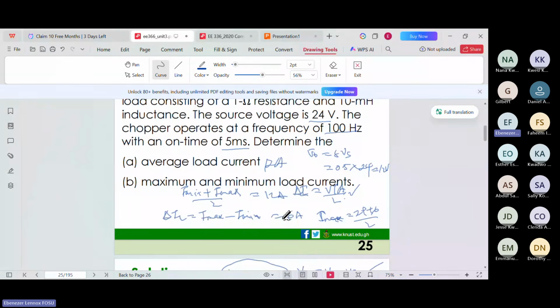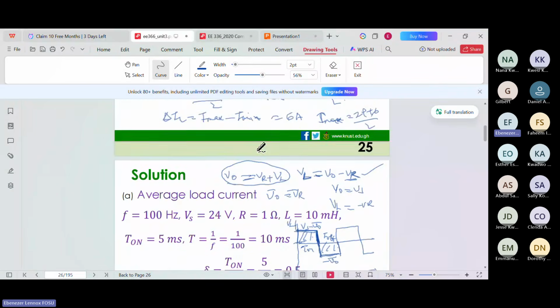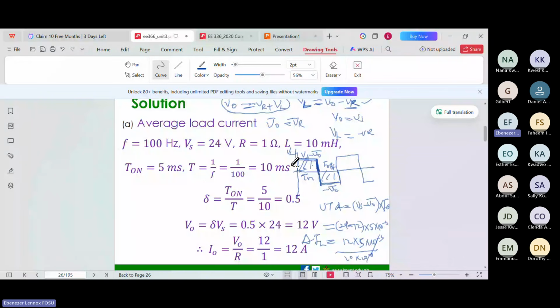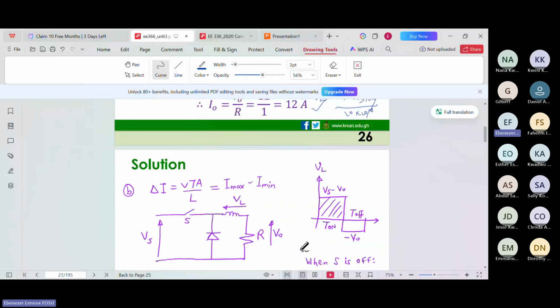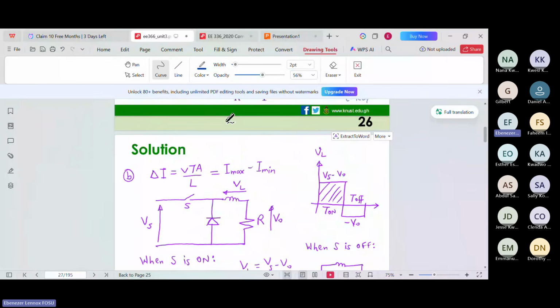So confirm for me. Let's go through the solution together. You all understand how we arrived at this: how we calculated the switching period, the duty cycle, the average value, and then the average output voltage and average current. Then we come here and do the same calculation. This is the waveform that I just explained, where V naught refers to the average output.